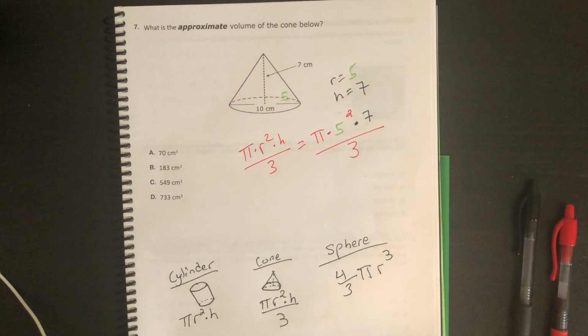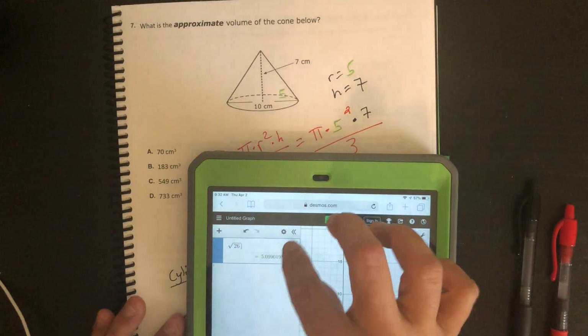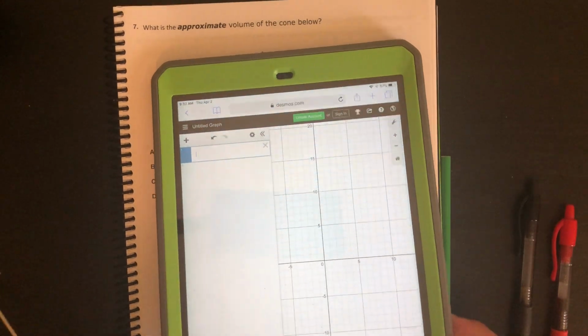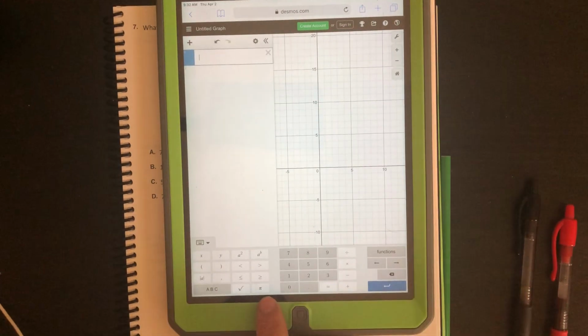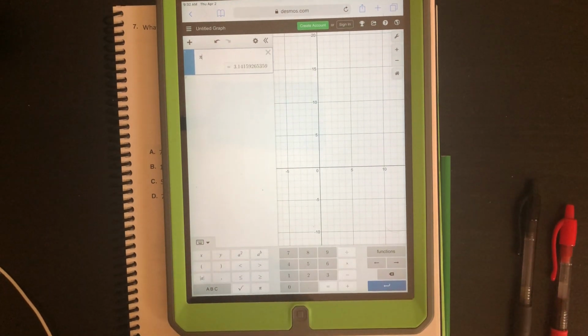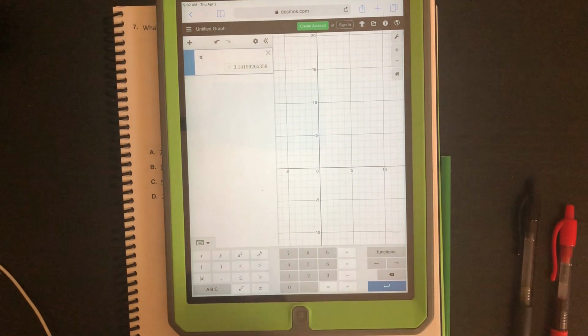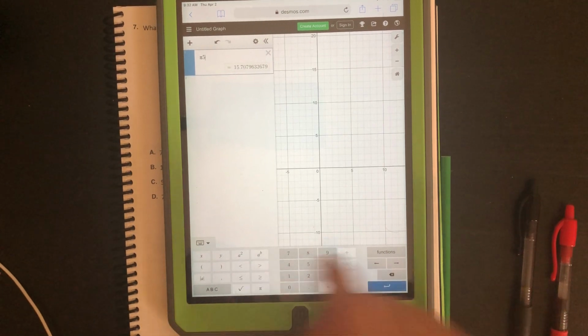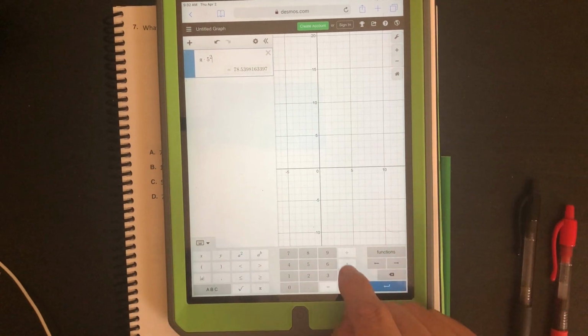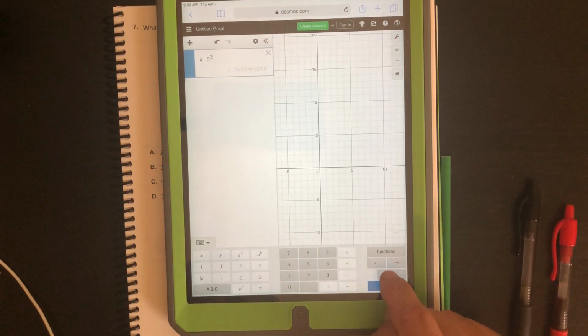So let's go to Desmos, type that in. Okay, so we have pi. Now pi is all the way down here beside where the square root symbol is at. So pi, times 5 squared times 7 divided by, ooh, that is not what I wanted.